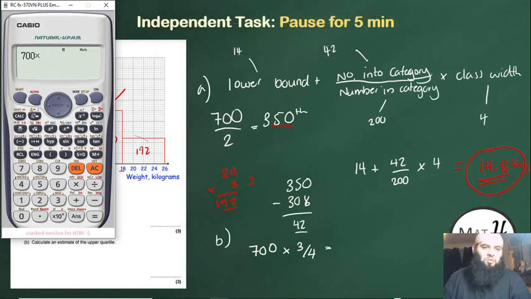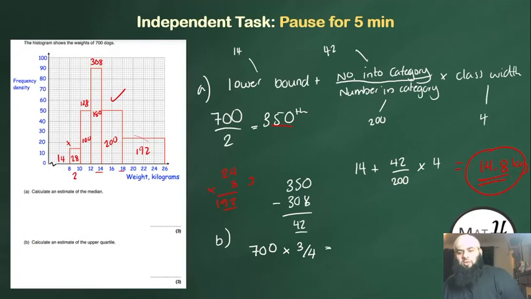That should give us 525. So the 525th number will be our upper quartile. Let's see where our 525th number has to be.